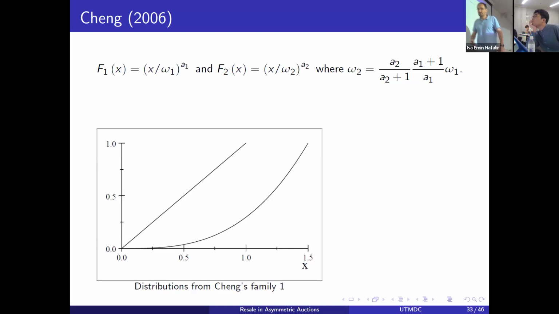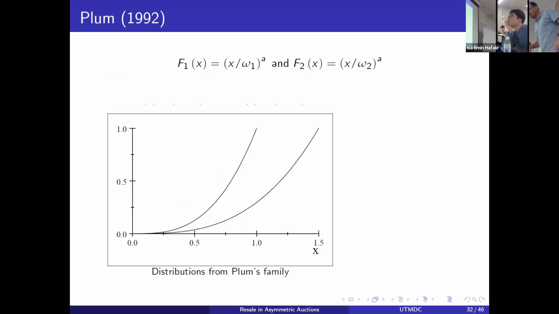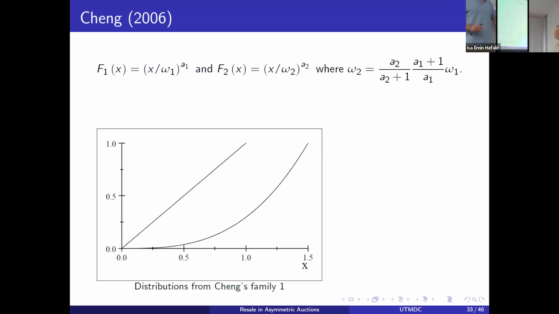For both of these families, there are basically 3 degrees of freedom. Here you have A, W1 and W2. Here you have A1, A2, W1 and W2, but they need to satisfy some conditions. So again, 3 degrees of freedom.